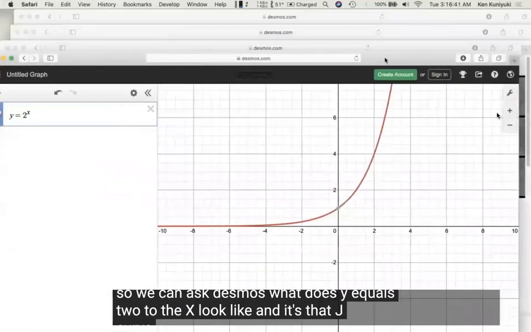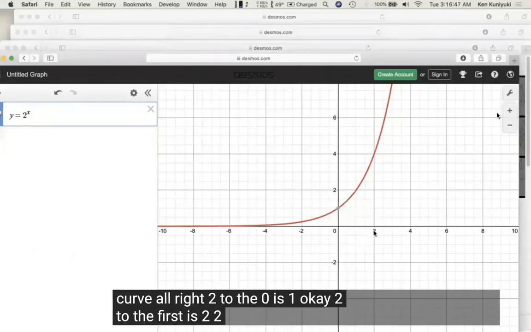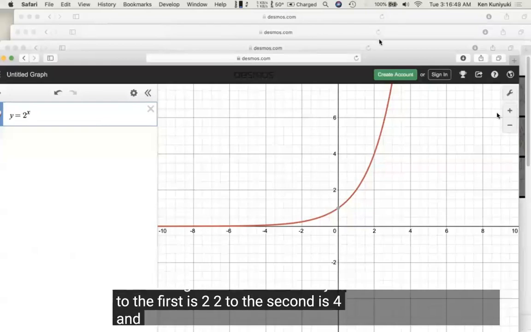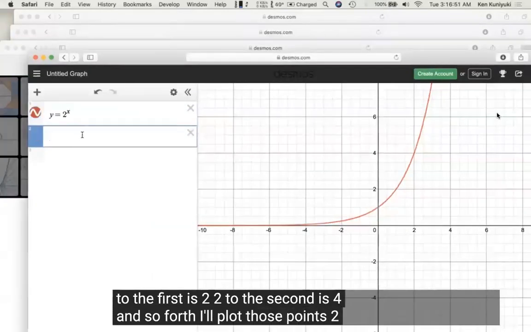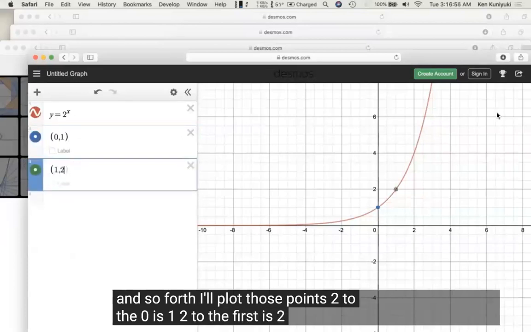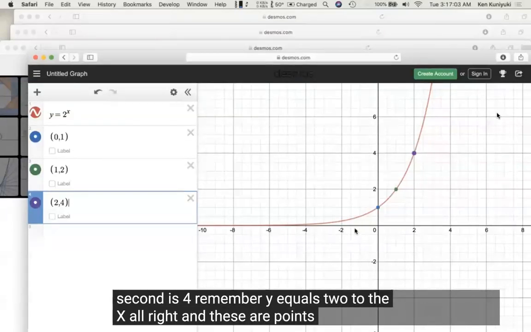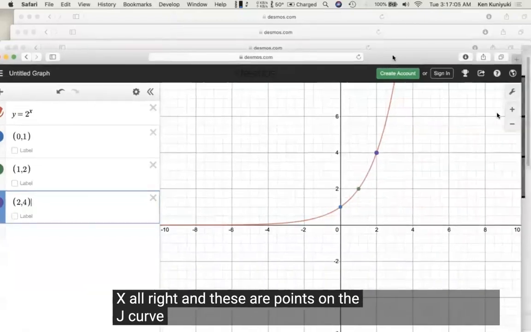And it's that J curve. 2 to the 0 is 1. 2 to the first is 2, 2 to the second is 4, and so forth. I'll plot those points. Remember, y equals 2 to the x, and these are points on the J curve.